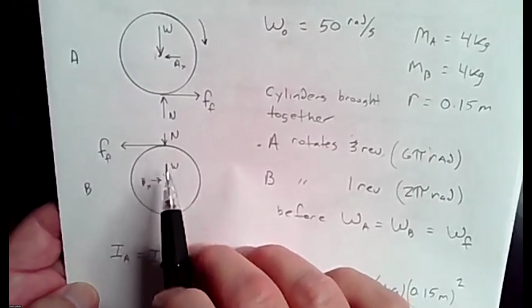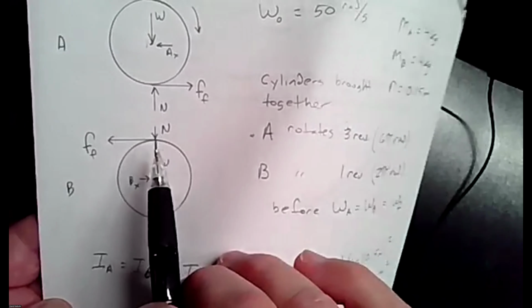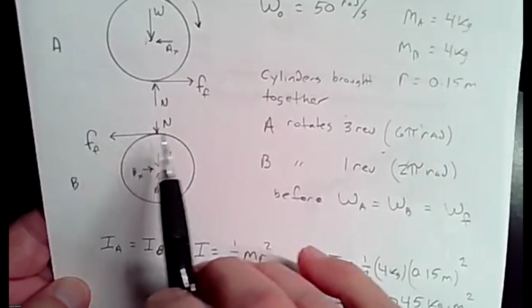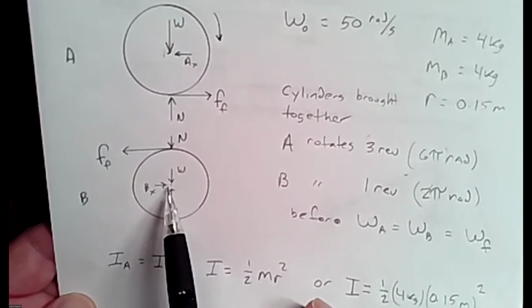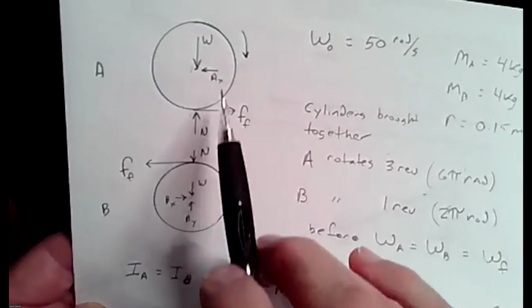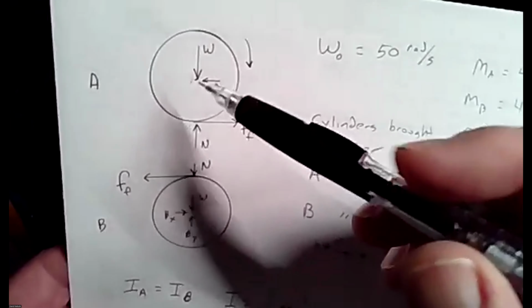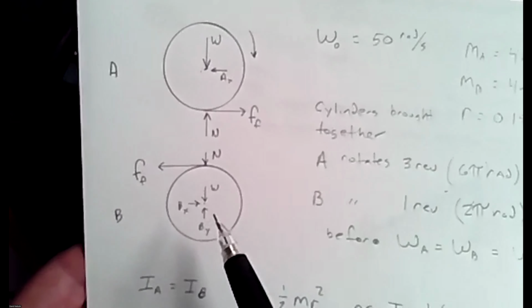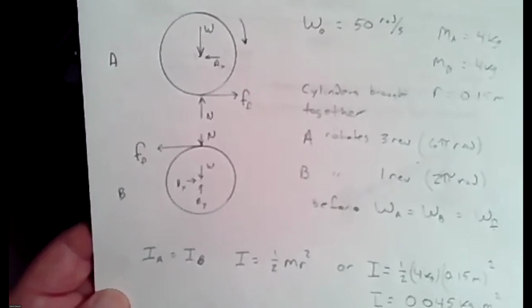And then the bottom disk, we have the friction force going the opposite direction, the normal force, and Bx and By. There's a By here because A was in an open shaft or an open collar, so it's free to move up and down, whereas B was not. And then, of course, it's going to have an X reaction. So with that, what information do we have?